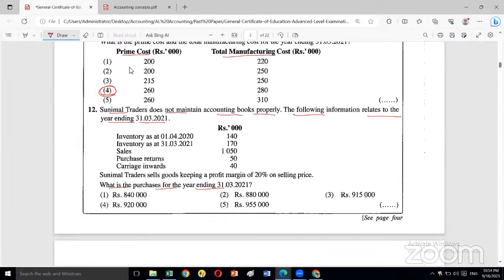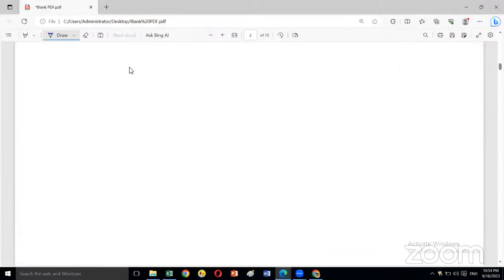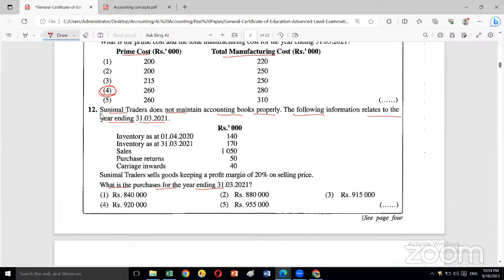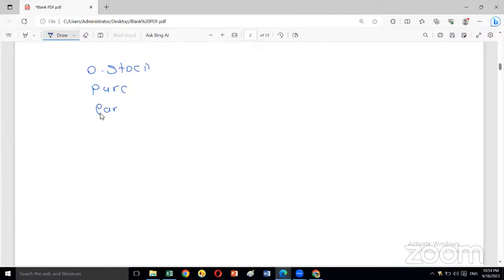How to do this question? See this. What are the transactions available? Opening stock, closing stock, sales, purchase return, carriage inwards, and everything. So now I'll record like this. Opening stock plus purchase. And do we have carriage inwards? Yes, we have carriage inwards.